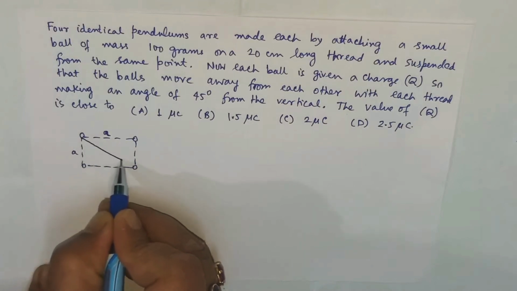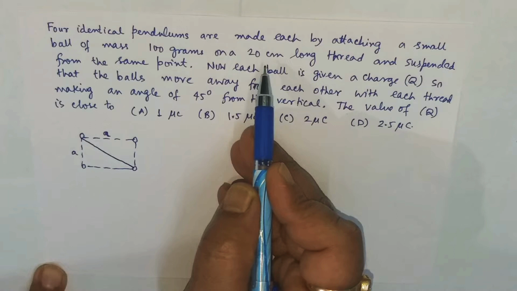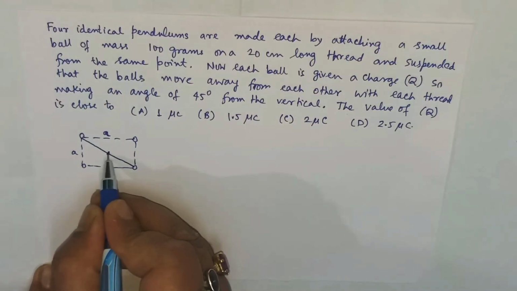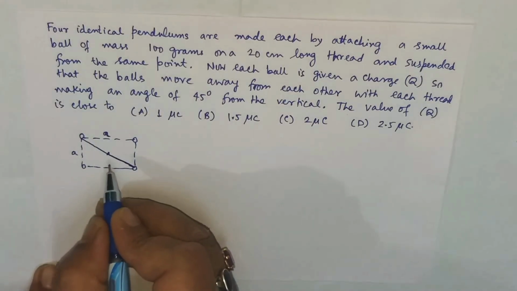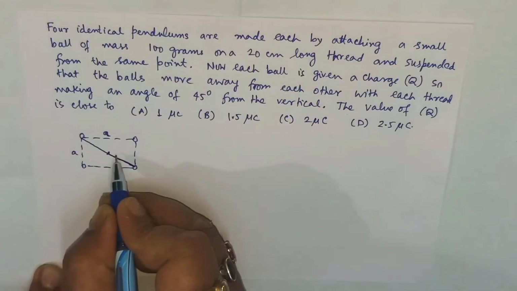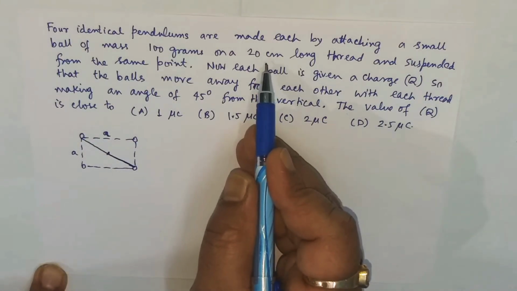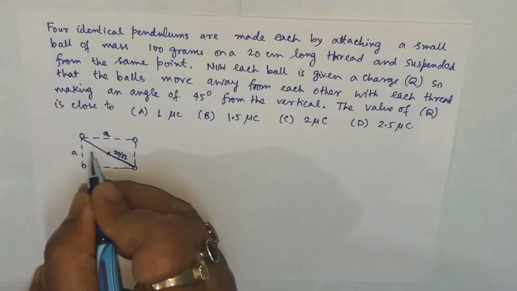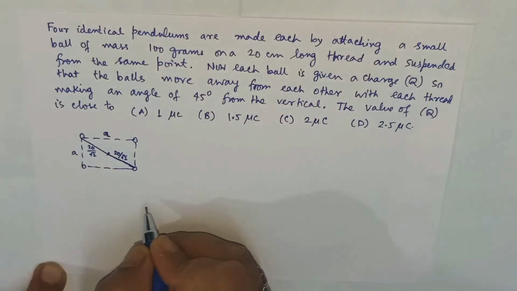Now the thread length is given as 20 centimeters, and the thread is making 45 degrees with the vertical. So this is the projection of the thread on the ground, and this is nothing but 20, which is the length of the thread, multiplied by cos 45 degrees, that is 20 by root 2. So this is 20 by root 2, this is also 20 by root 2, both in centimeters.